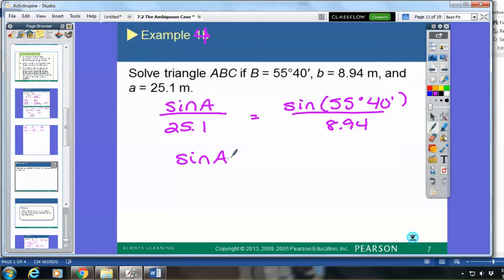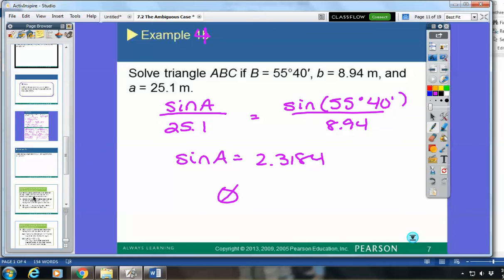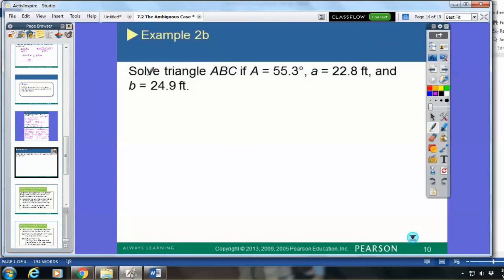When you plug that all in, you get sine A to equal 2.3184. So when you solve that, what happens? No solution. Sine can't be bigger than 1. So no triangle exists on that one. Alright, let's do this one together.